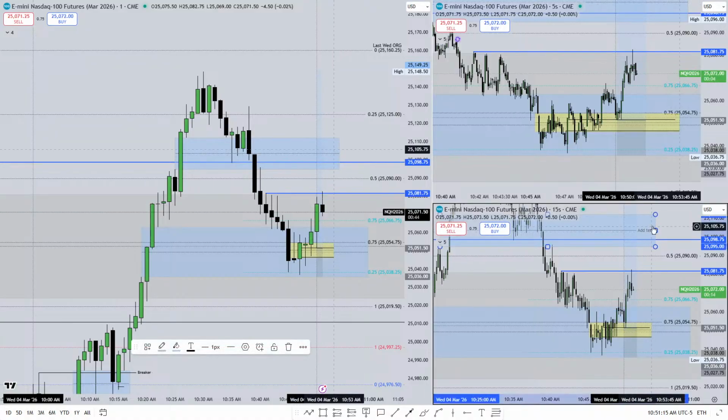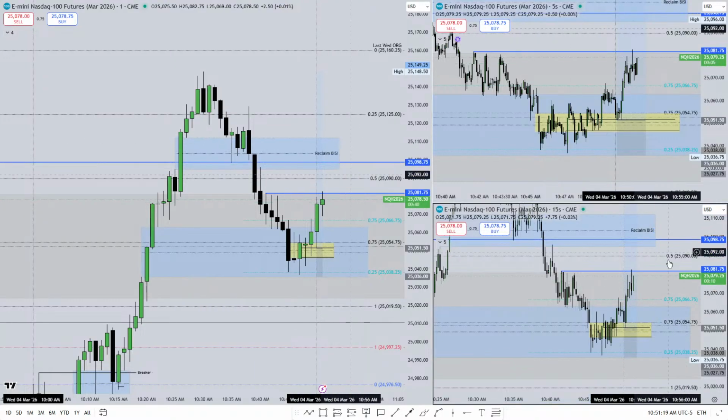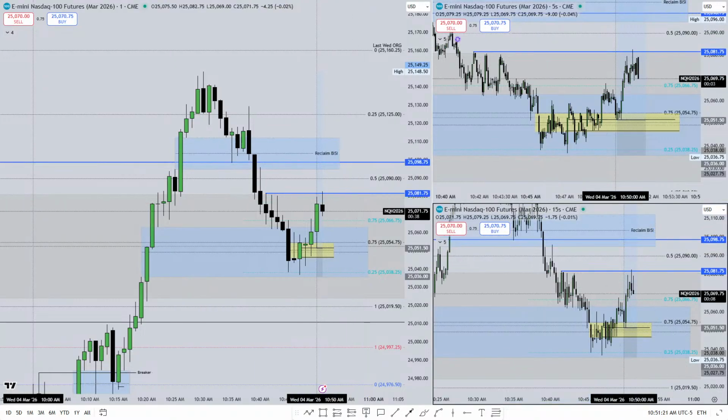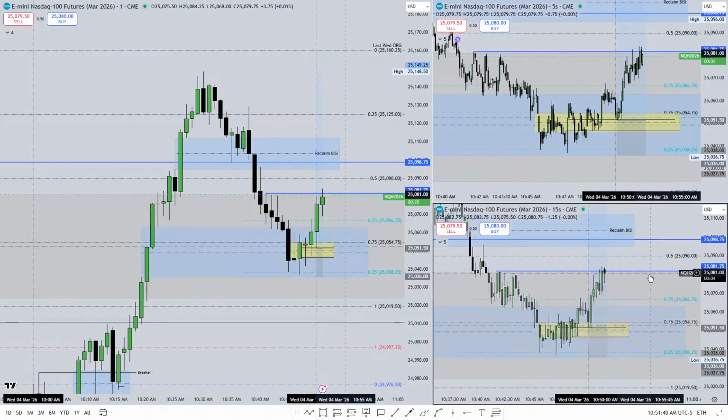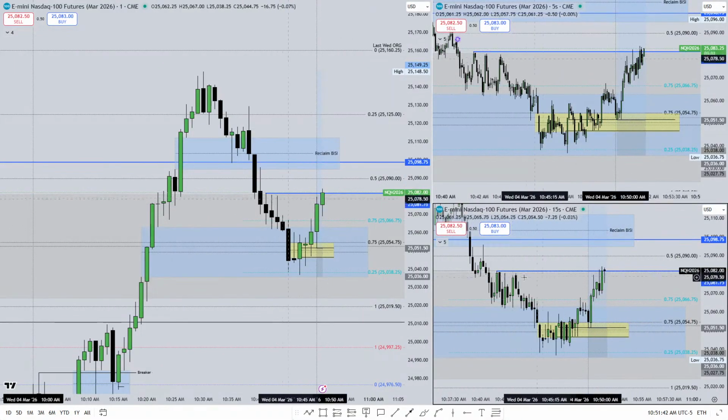I don't want to see this be a reclaim BISI. All right, so I'm going to cancel this order that's here. It's gone a little bit farther and took buy side.